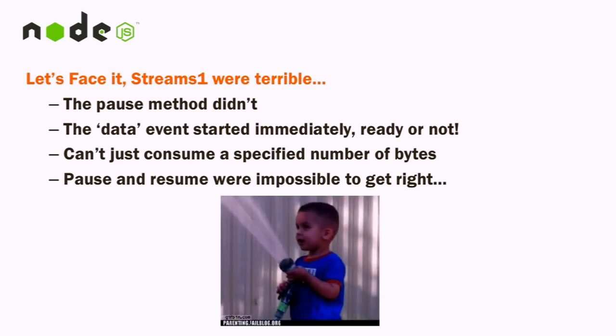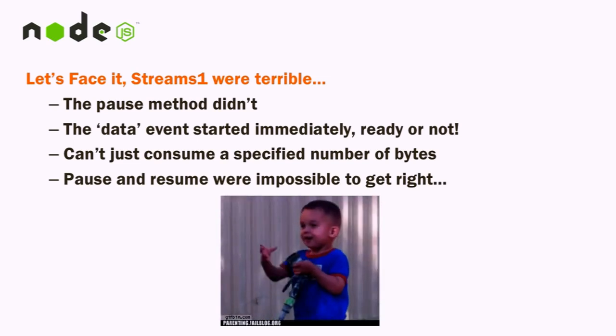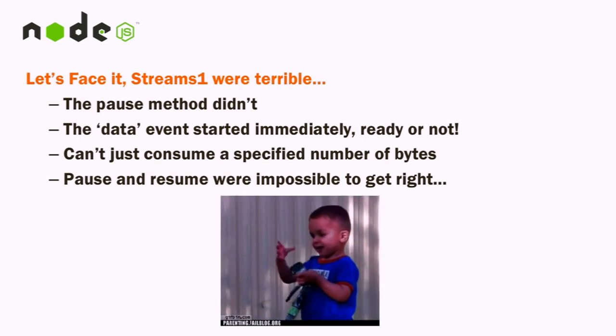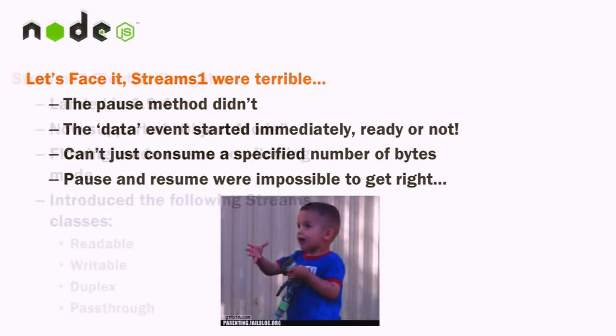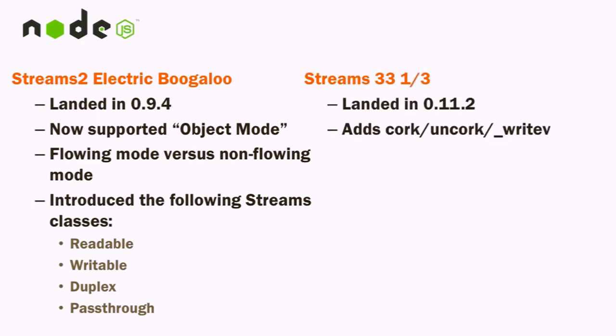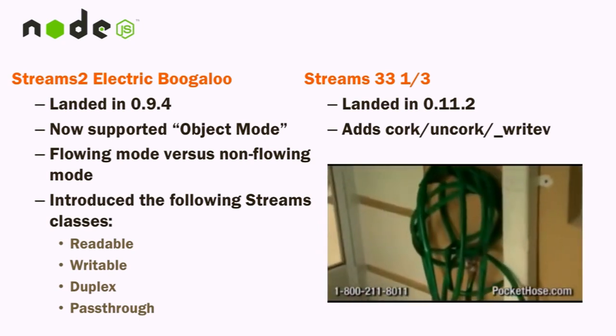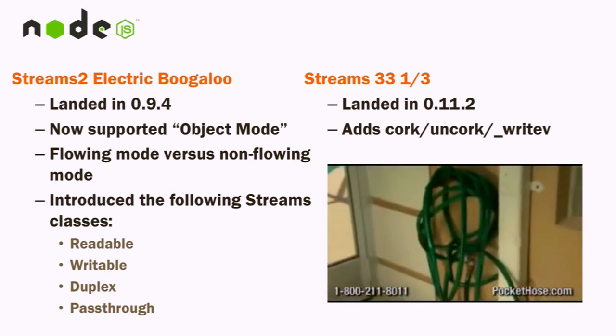And pause and resume were really impossible to get right. There were geniuses out there such as Substack and Dominic Tarr who did a lot of stuff, but fundamentally the core was rotten and broken. And then they changed to Streams 2 and Streams 3, but still, it's not quite a perfect fit for doing a lot of this event-based processing that we're trying to talk about here.